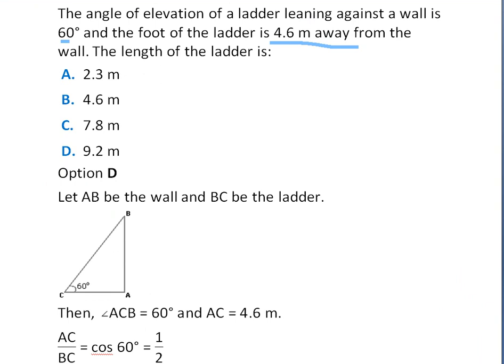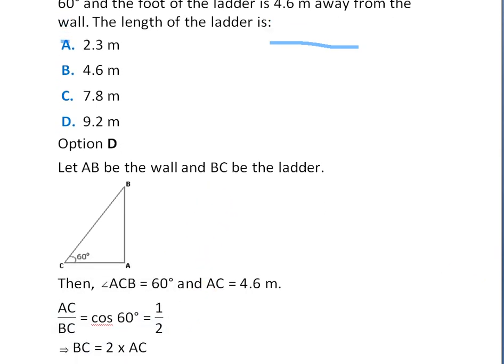So we have the value of the angle and we have the foot. AC divided by BC is cos 60, which is 1 by 2. You know the cos 60 value from the table I just told you about. So BC will equal 2 AC.